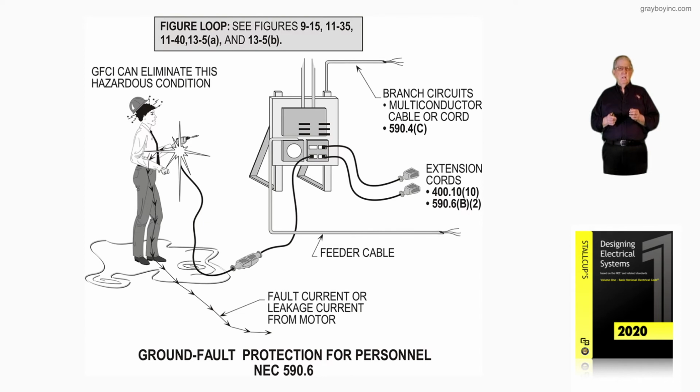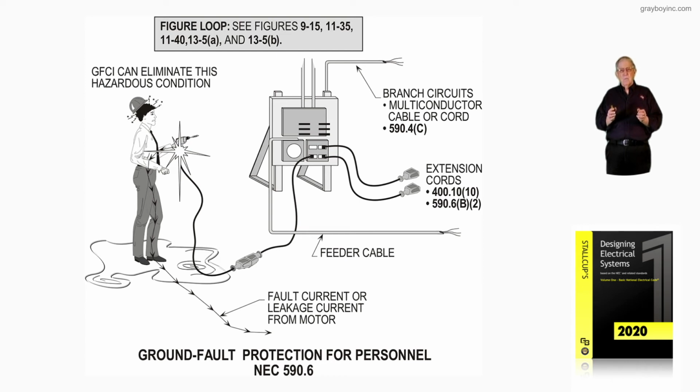590.6B2. Now, many times we receive calls from young electricians, and they want to know where can I find out about this GFCI protection, and what can I use as GFCI protection and safely meet the code, but I want to know the operation and all the little pros and cons.